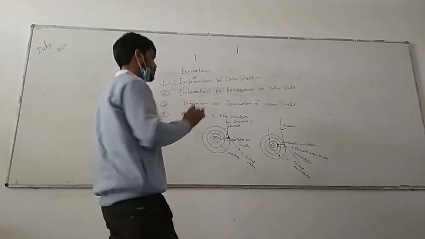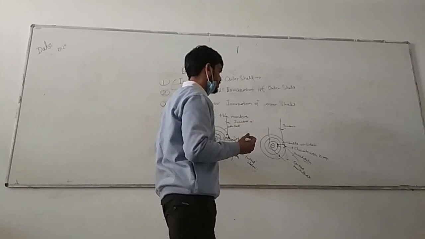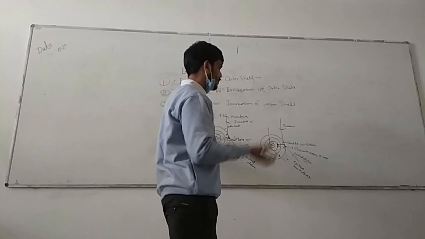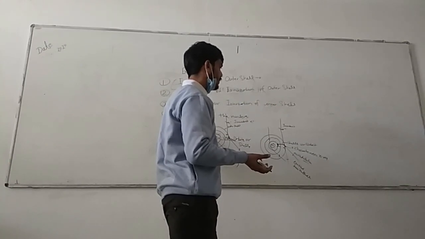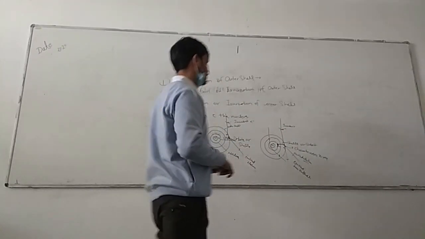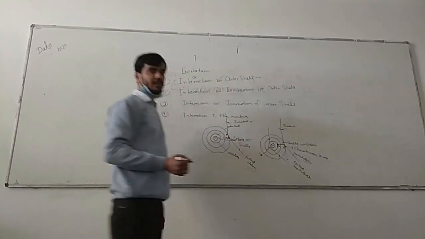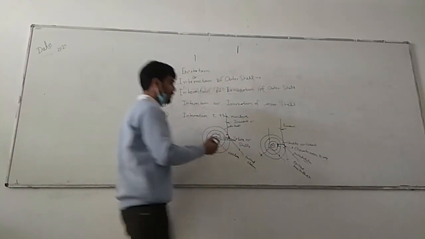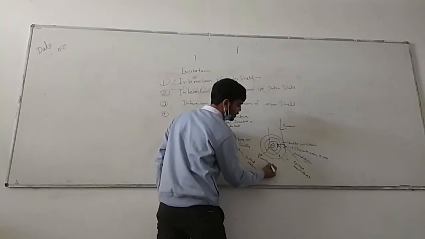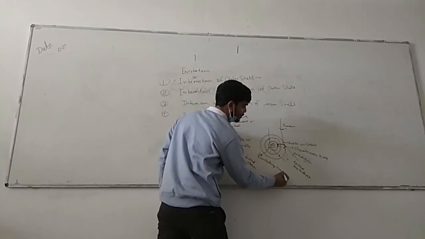So the kinetic energy of electron is lost by interaction or attraction force of the nucleus, and it is deflected from the path. And in this process, by the attraction, a Bremsstrahlung X-ray is produced here.